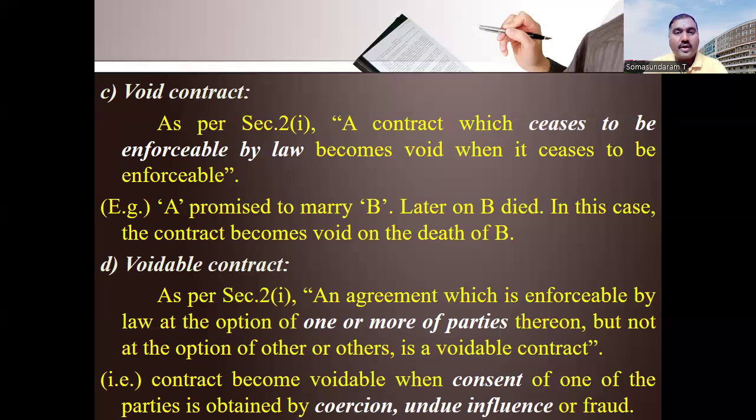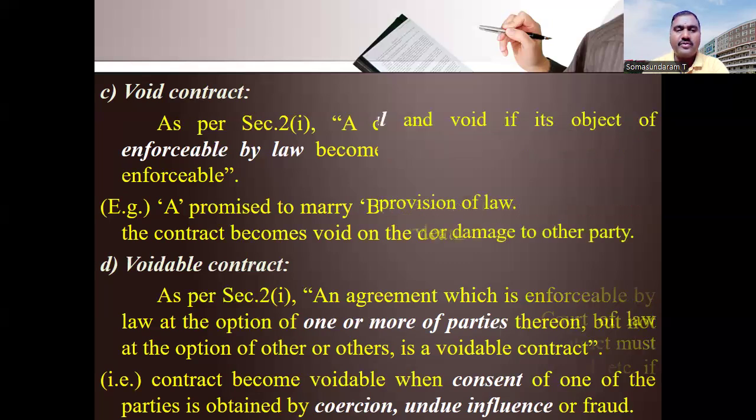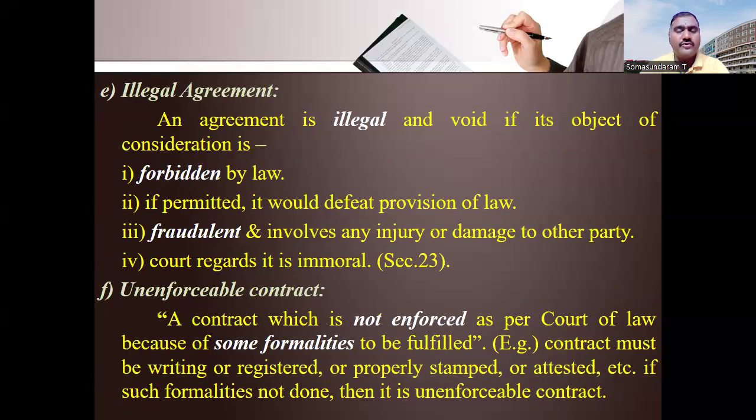So it is called a voidable contract. That means a contract may become avoidable in the future, because after knowing certain things once the contract is made, it is called a voidable contract. These are the important types of contract coming under enforceability.